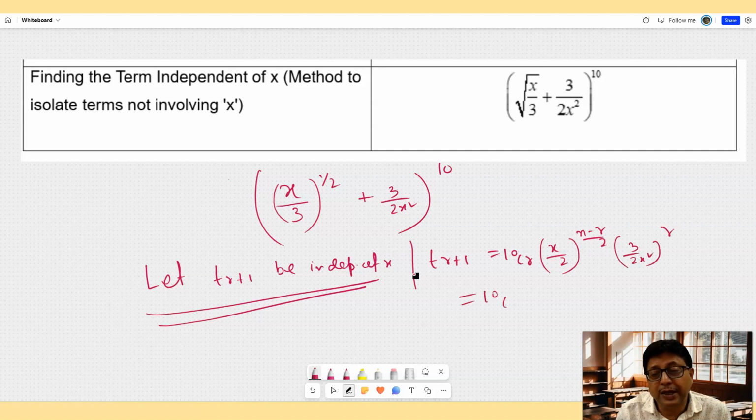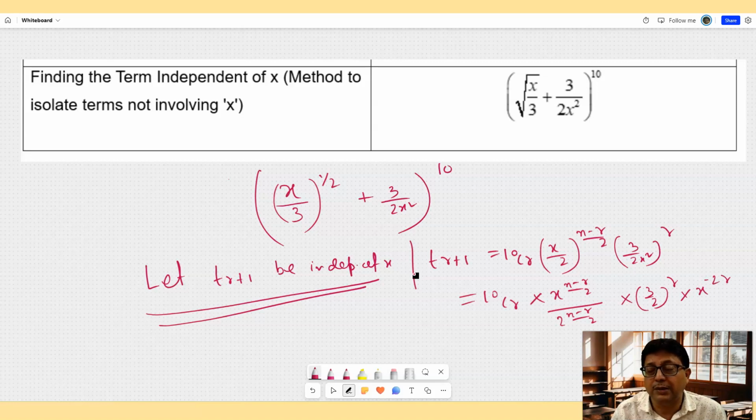So write this one as 10Cr x to the power (n minus r) by 2, this is (3 by 2) to the power r, and x squared in the denominator.